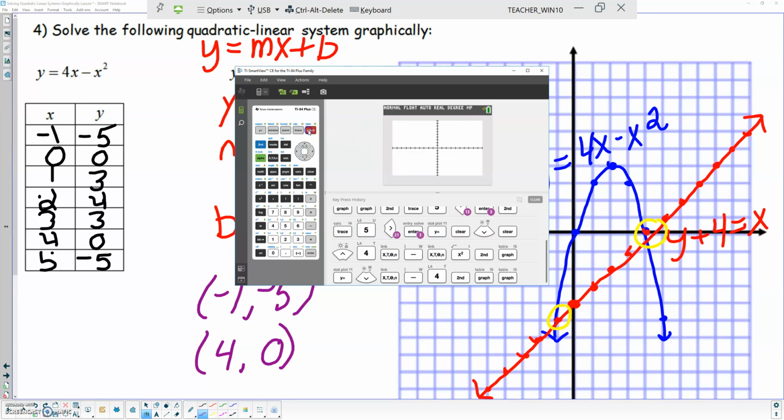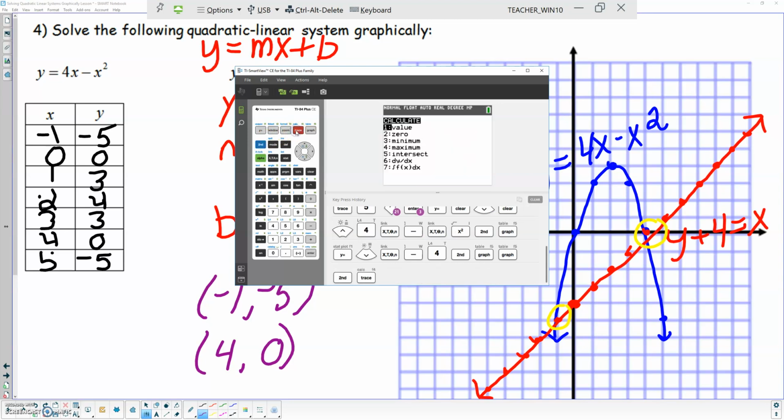Okay, if I want to verify it with the graph, I'm going to hit second, trace, and then go to option 5 where it says intersect. So I move that little blinker to one of the points of intersection, hit enter 3 times, so we get -1, -5 as my first solution.